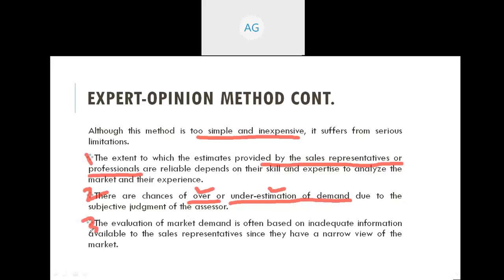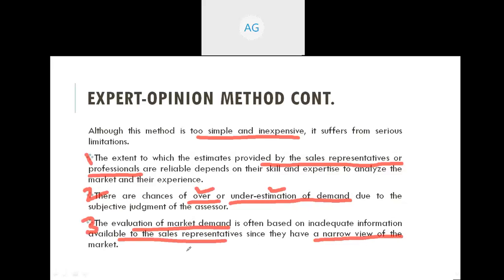Then the third limitation is the evaluation of market demand is often based on inadequate information available to the sales representative, since they have a narrow view of the market.